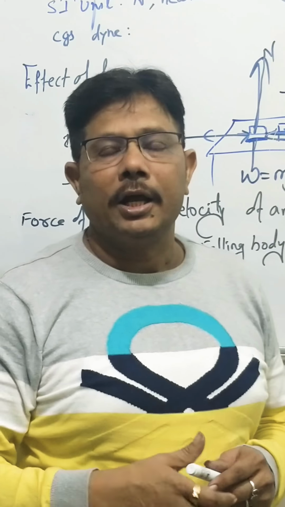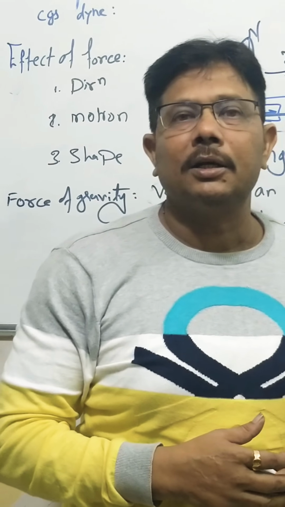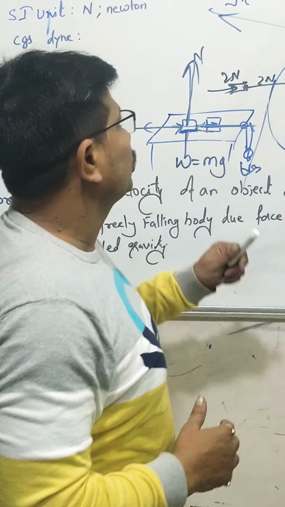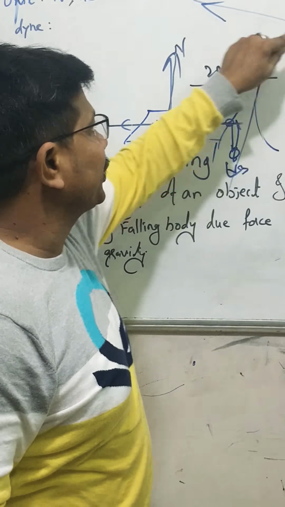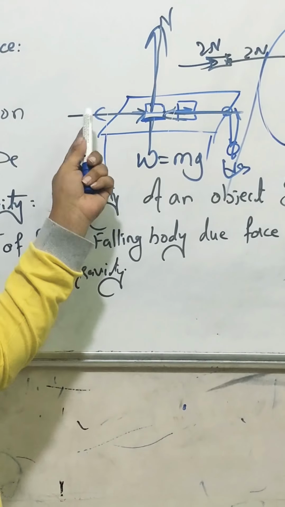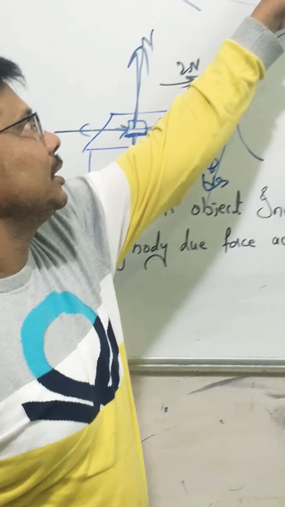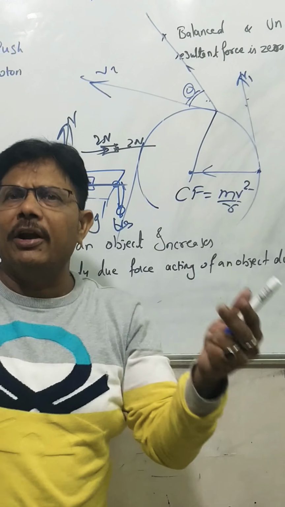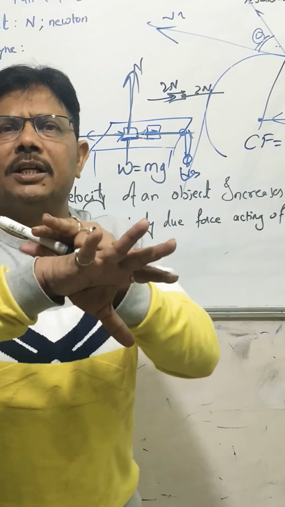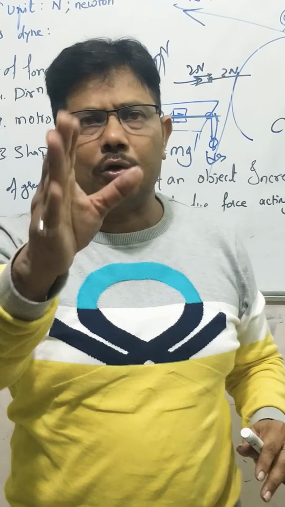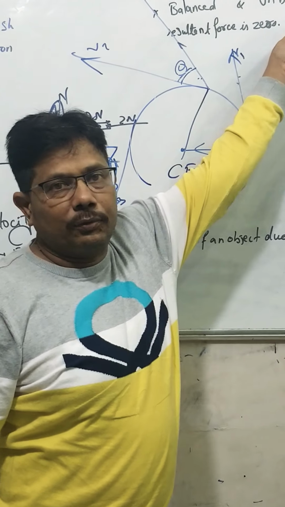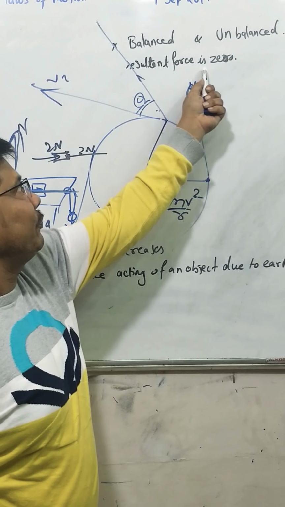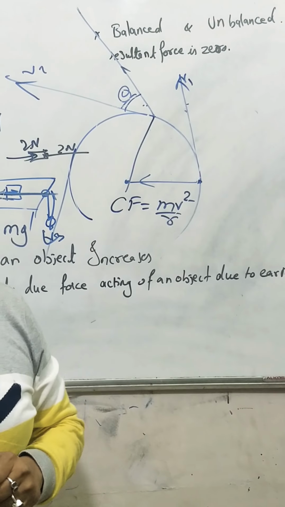The equivalent force will be 0. So forces are balanced or unbalanced. When different forces act on a body and the resultant force is not 0, that is called unbalanced force. Resultant force is 0, that is called balanced force.